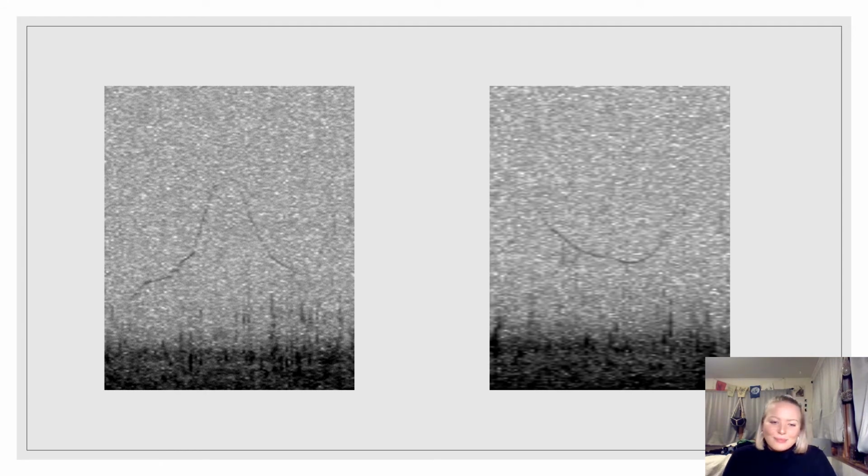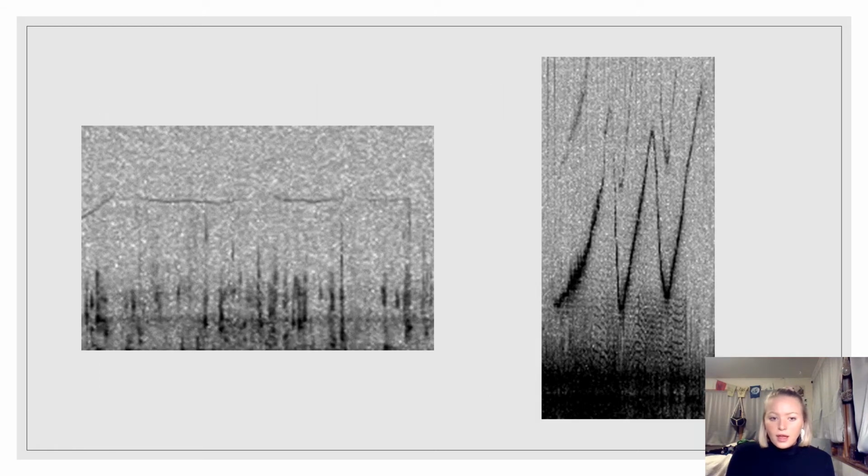This is an example of a convex on the left-hand side and a concave on the right-hand side. And then we have the constant frequency, which is just basically a flat line, and then sine, which is a connected up and down wave pattern.